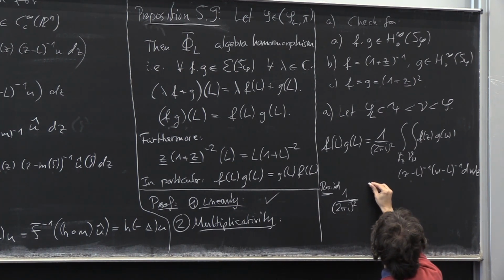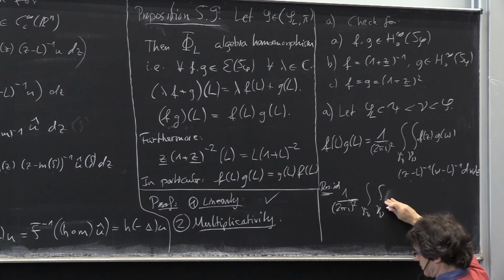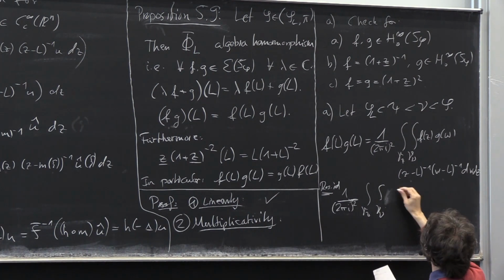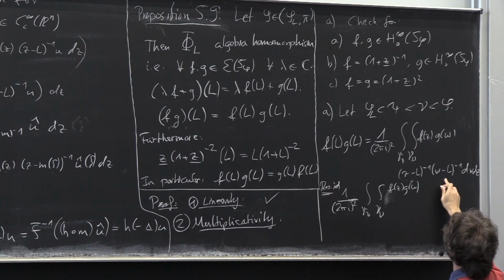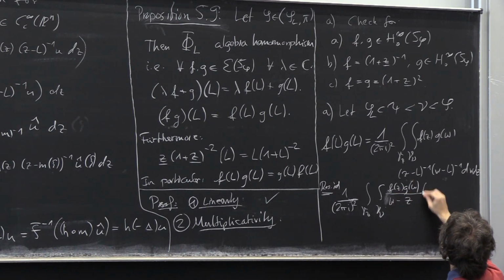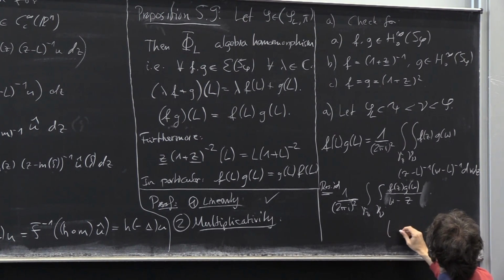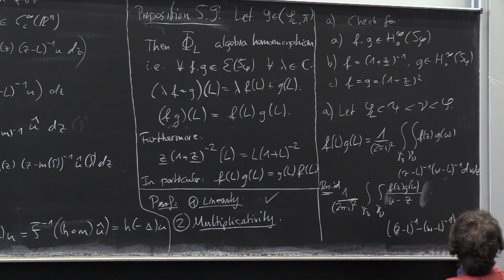So then we have gamma psi, gamma nu, f of z, g of w. And now from the resolvent identity, you get a w minus z, and then here you get a difference of the two, (z minus L) to the minus 1 minus (w minus L) to the minus 1, dw dz.